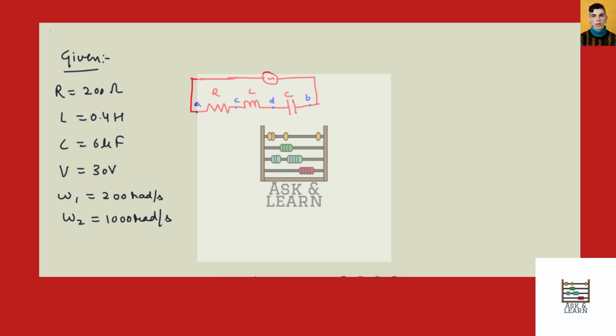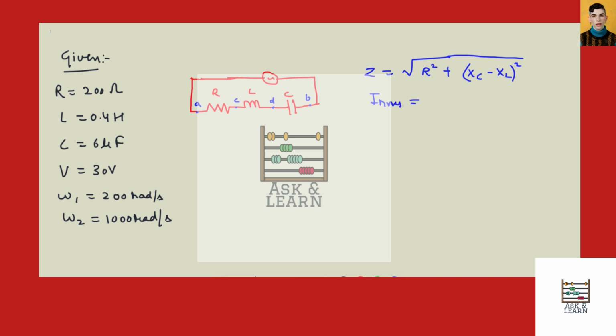First we have to find the formulas so that we can replace omega with different values. Z equals under root of R square plus XC minus XL whole square. This gives the impedance of the circuit.